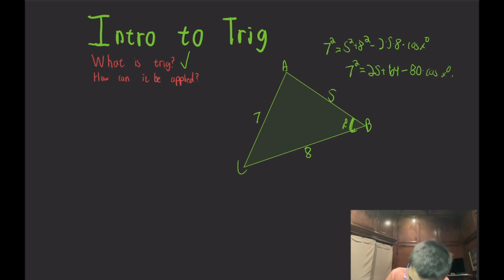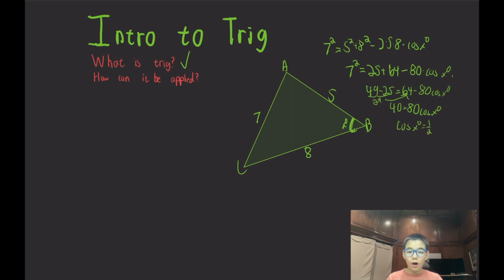So we get 49 minus 25 is equal to 64 minus 80 cosine of x degrees. Then 40 is equal to 80 cosine of x degrees. How I got 40: this is 24, move that over to the other side, so it's 40. Cosine of x degrees is 1/2.